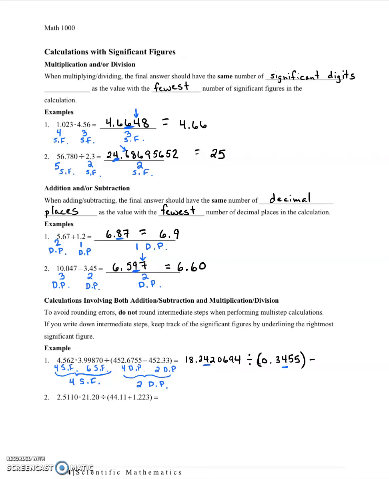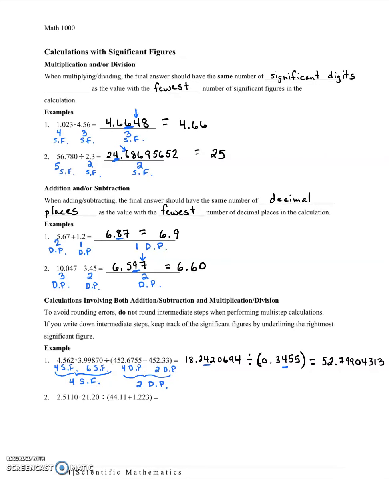So we do the division, and we get 52.79979904313.